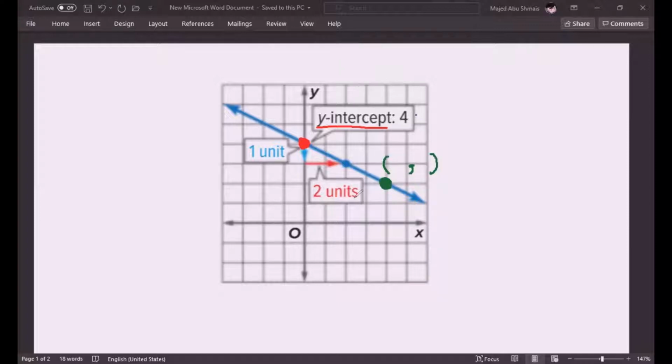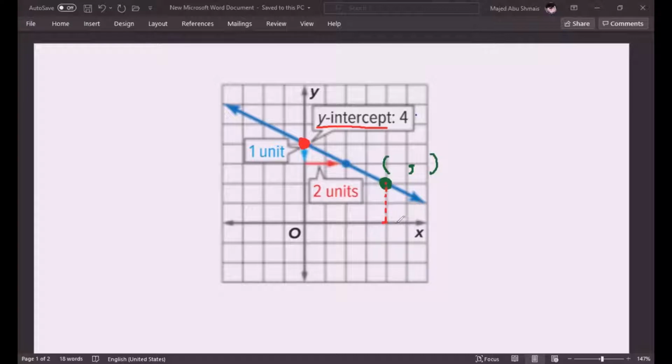Let's see how we can determine that. To determine the x coordinate of this green point here, we just see where this point is located on the x-axis, or where its projection on the x-axis is. We can see that it is here. Okay, there are no numbers on this graph. How can we know what the coordinate is now?